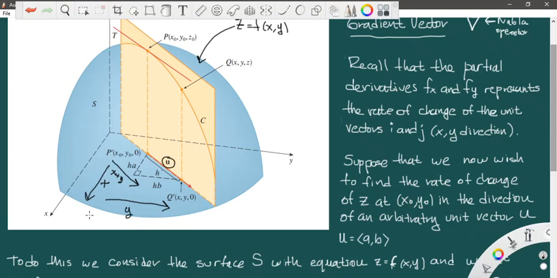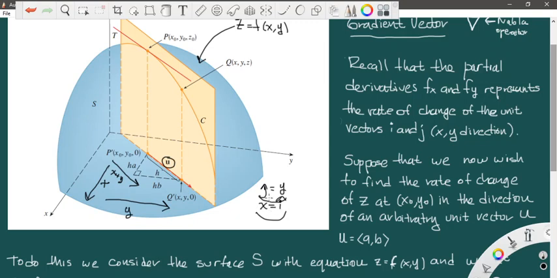If you remember, the x-axis in your vectorial is i hat, and the y-axis is j hat. So this is a vectorial relation between these two, and when we calculate the normal partial derivatives, we are getting the rate of change in the direction of i or in the direction of j.